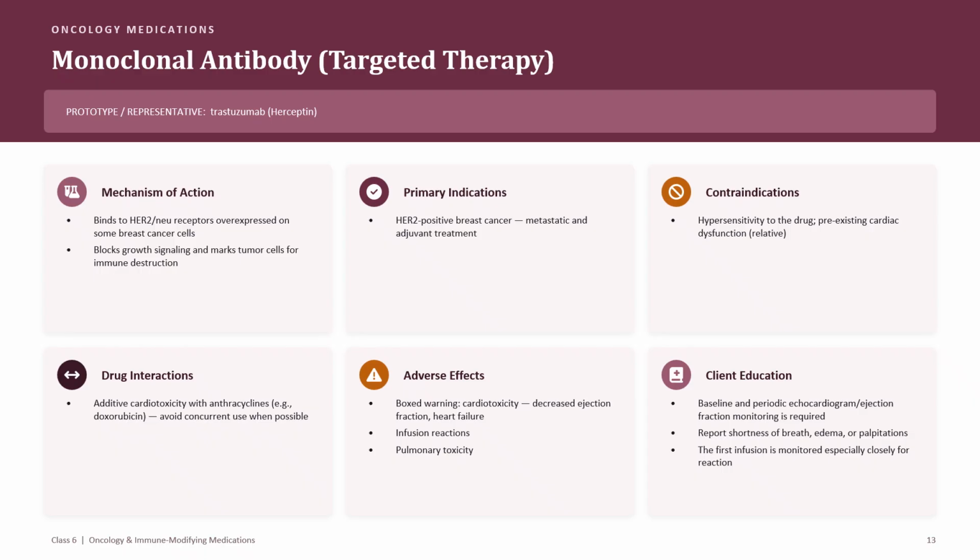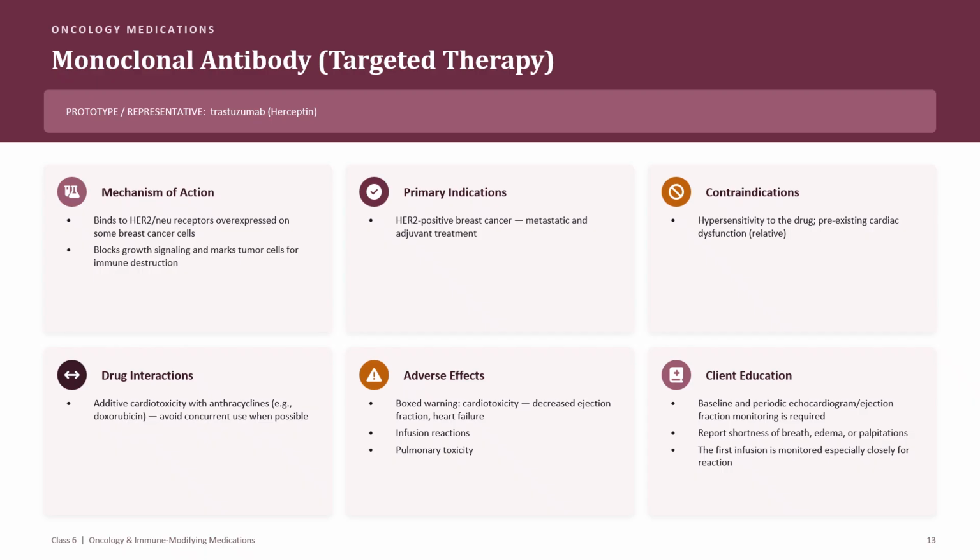It simply wouldn't work. The adverse effect to know for this medication is cardiotoxicity, and it is a boxed warning. You would notice a drop in the patient's ejection fraction, which indicates potential heart failure.